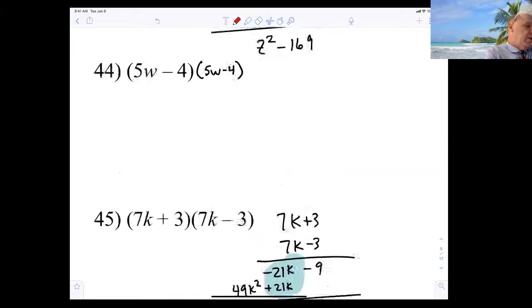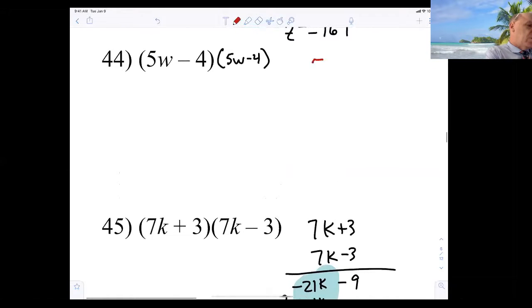All right, here we go. 5w minus 4. Positive 16.